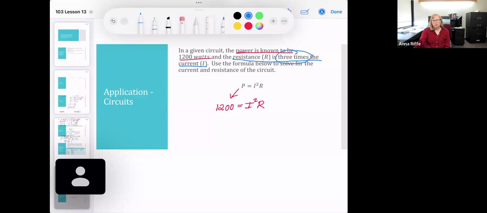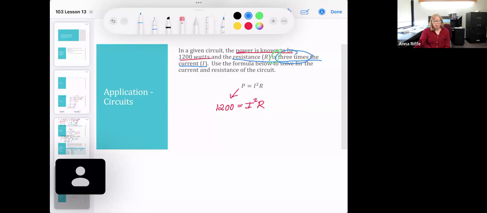3 times indicates multiplication. I see a second keyword. The word is. Seems odd to pick that one out as a keyword, but whenever you see the word is in a problem, it indicates equals.